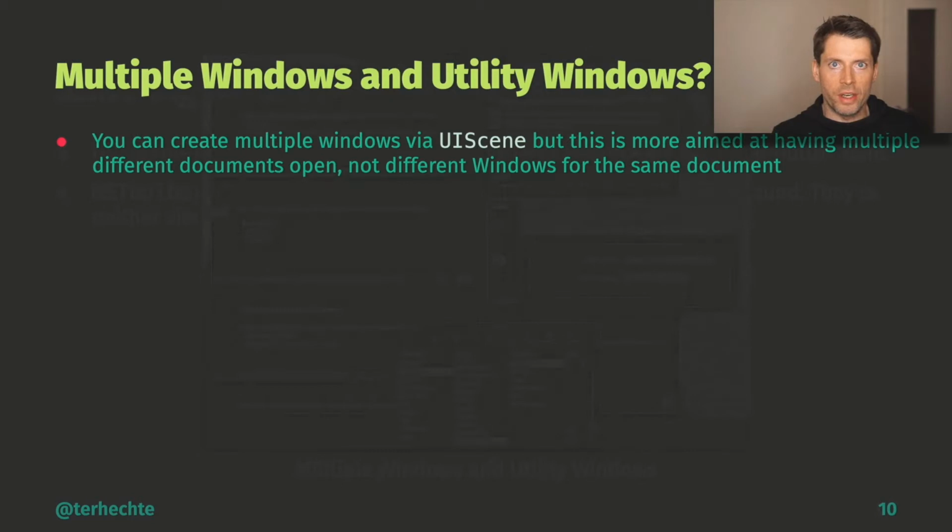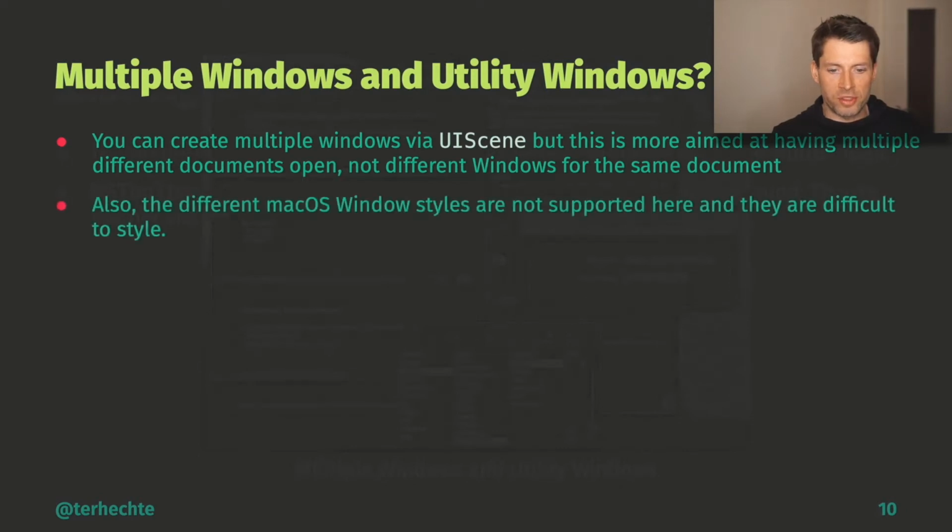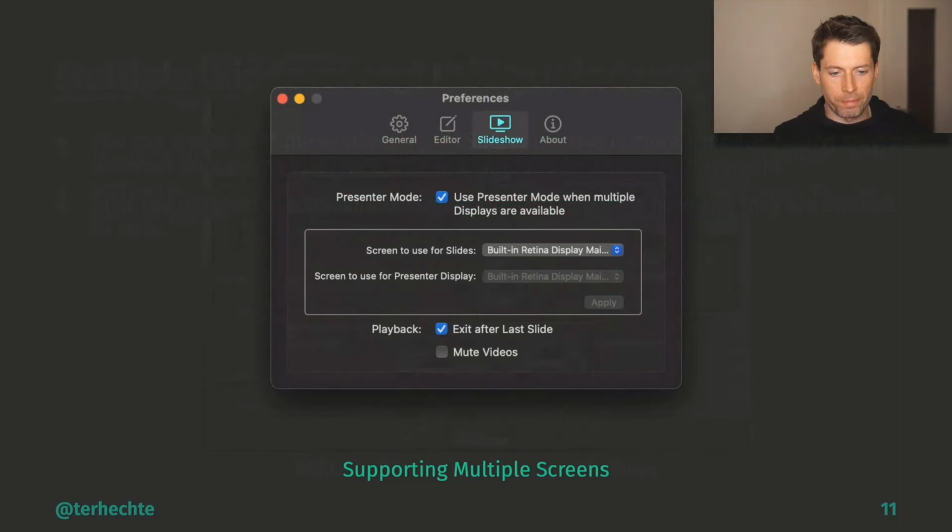Whereas what we're having here is one document that might have multiple windows, and this doesn't work so well with Catalyst. It's also difficult to style these windows. And so for that, it's much easier to reach out to macOS and to AppKit to create actual AppKit windows.